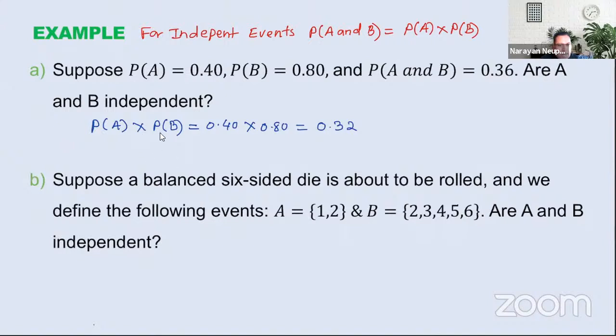If it is equal to probability of A and B, which is 0.36. Are they equal? Not equal. So are they independent? If they are equal, they will be independent. So they are not independent.